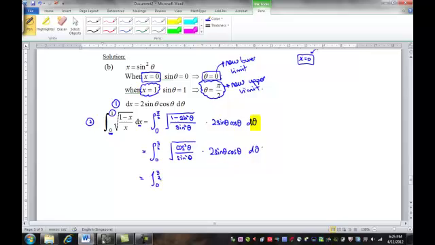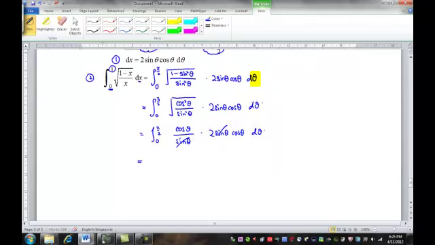Because we are only concerned about the principal values, that is why we square root the cosine square and the sine square, we don't get modulus. So we're going to get cosine theta over sine theta times 2 sine theta cos theta d theta. With that, we can easily see that sine theta can be cancelled off, and we are left with integrating from 0 to pi over 2 cosine square theta d theta.